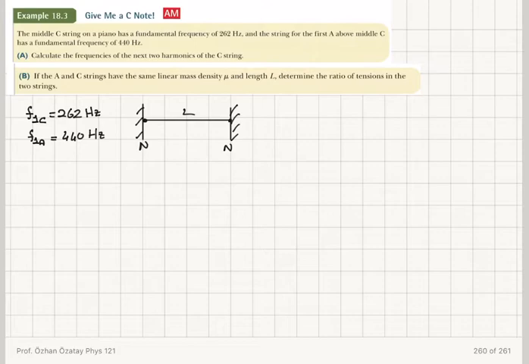That's the boundary condition. So if the frequency of the fundamental mode is given, remember for this one, the fundamental mode is node, antinode, node, and lambda 1 over 2 is equal to L. That is first harmonic, or the fundamental mode.